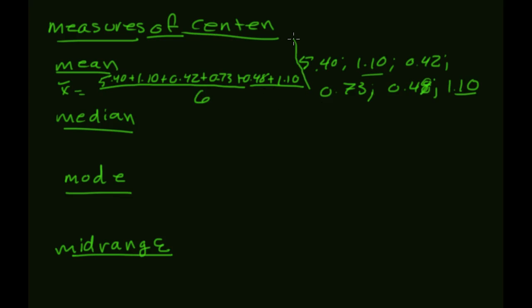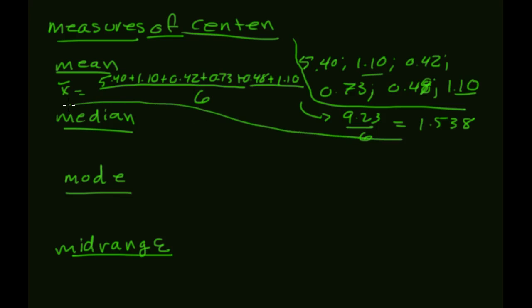That comes up as 9.23 over 6, which is 1.538. So it's just taking the average of all of the data points. That's one way to find the center.